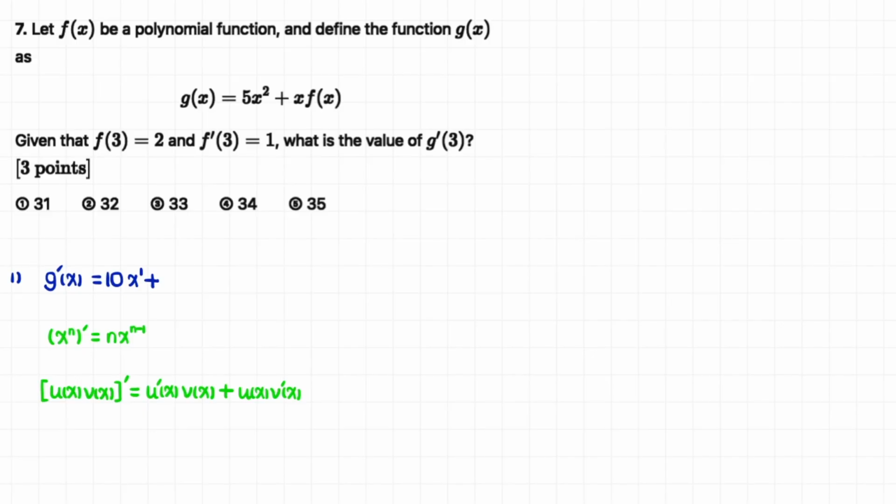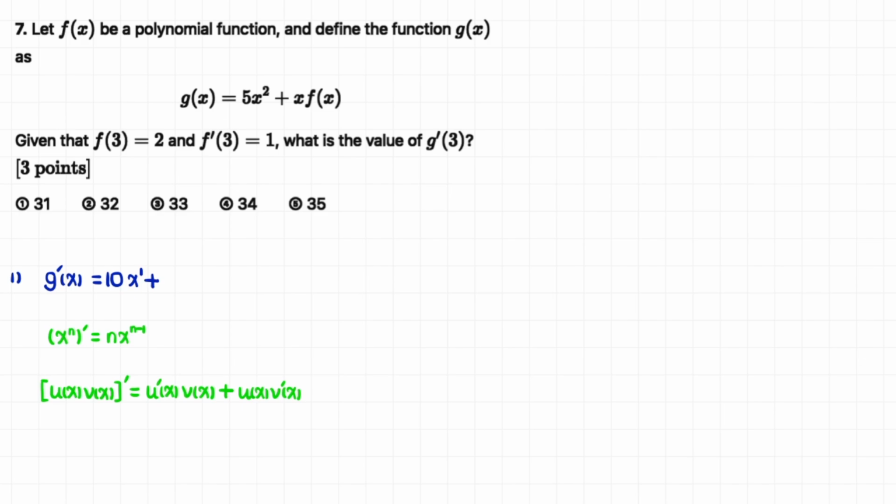Alright, so now let's apply the product rule to the specific problem, which was x times f of x. Here, u of x is just x, and v of x is f of x. So we'll use the exact same rule. First, we differentiate the first part, that's x, and leave the second part the same, f of x.